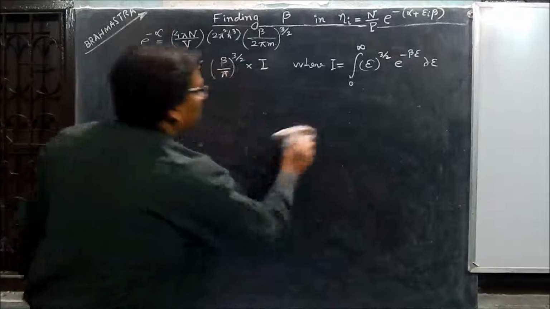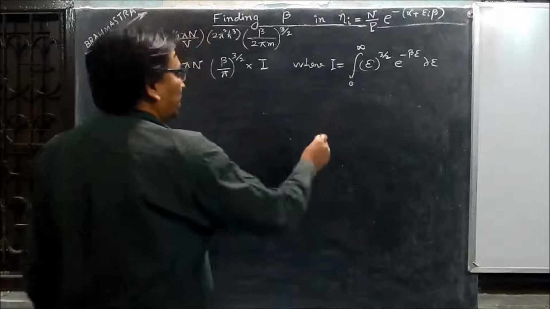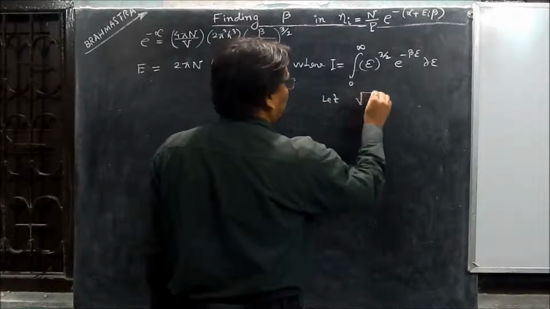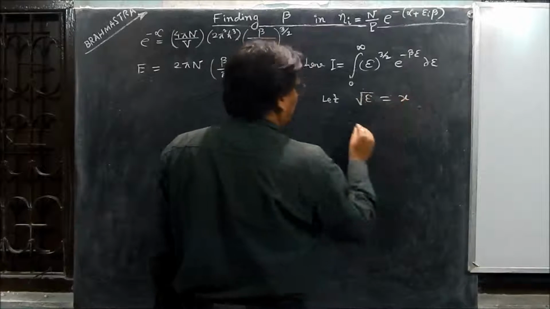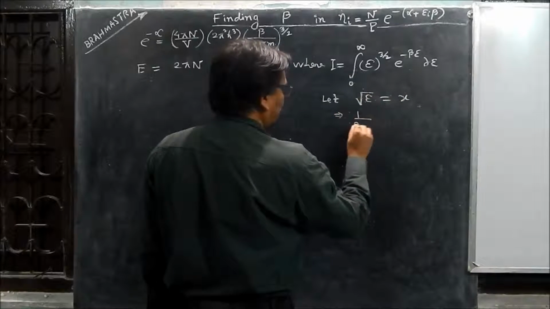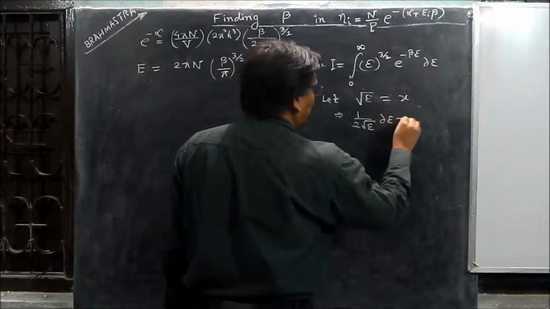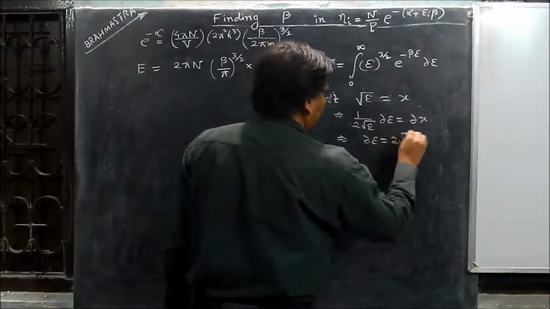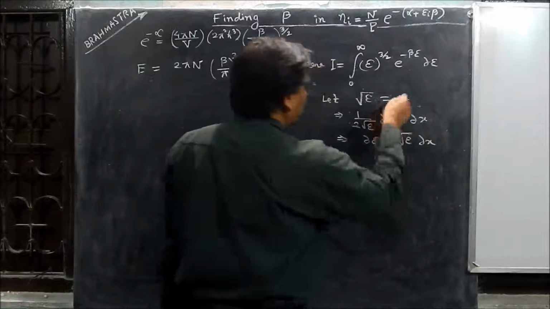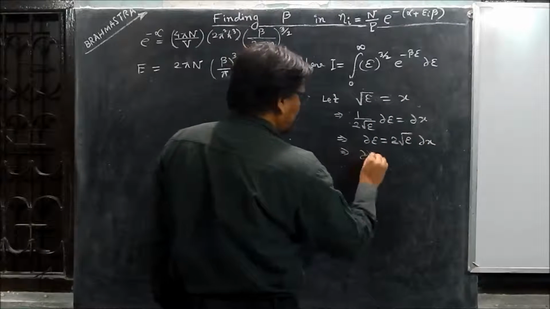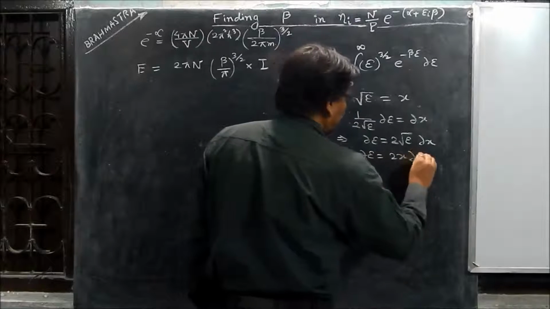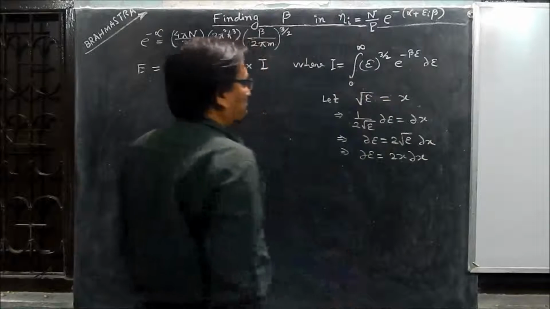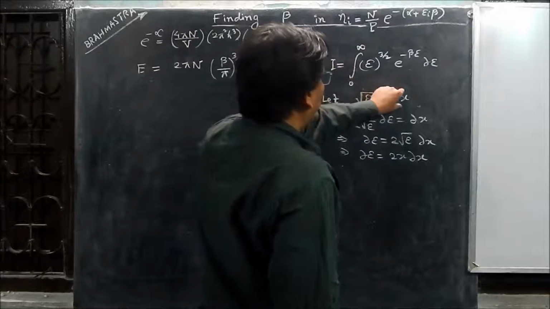Just we have to find out the integration of this, then we can calculate the total energy. To calculate this, let root epsilon equal x, such that differentiating, 1 by 2 root epsilon d epsilon equals dx. So we are getting d epsilon equal to 2 root epsilon dx, and root epsilon is again x, so d epsilon is equal to 2x dx. So d epsilon can be changed as 2x dx, and epsilon to the power 3 by 2 is x cube.